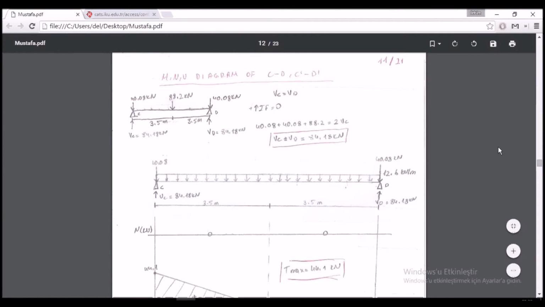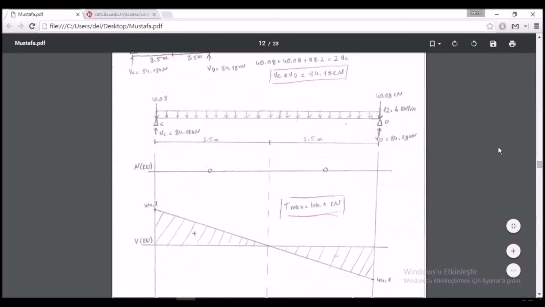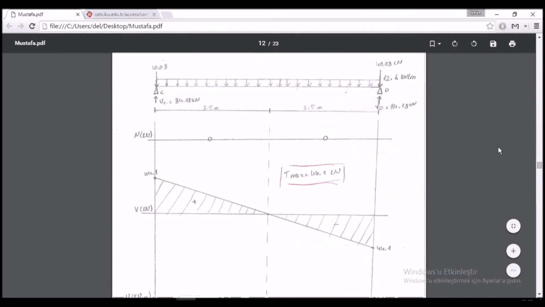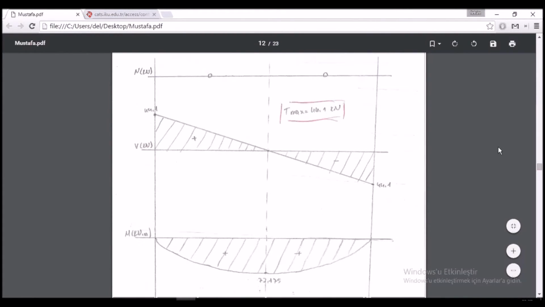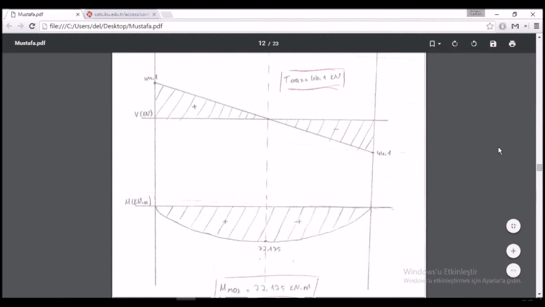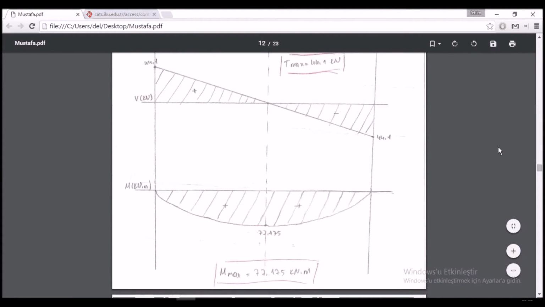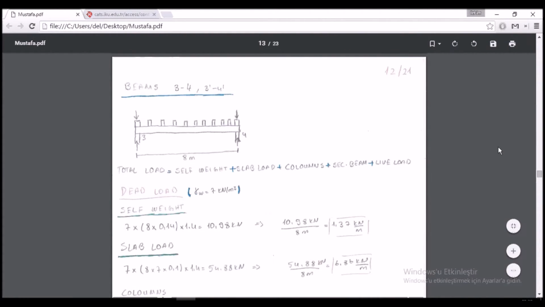At this page, we found our support reactions and we draw our MMV diagrams. And we found Tmax and Mmax values for our primary beams at first floor. Here, we found all loads on our primary beams again, but this time these beams have secondary beams on them, so not all of loads on them will be distributed.